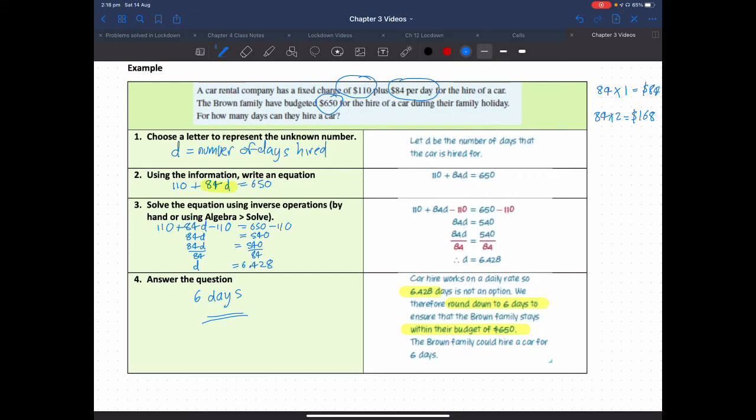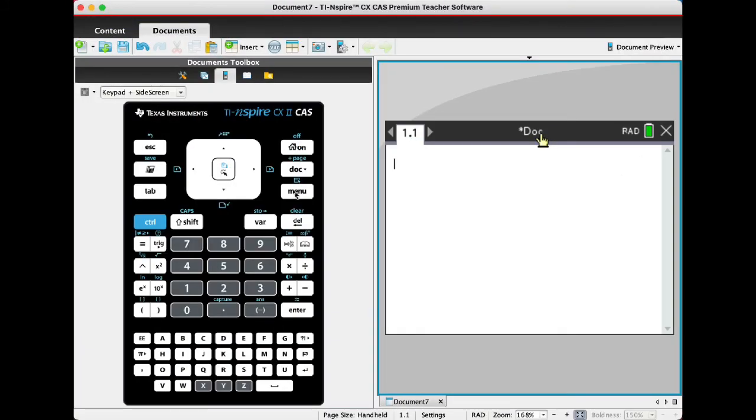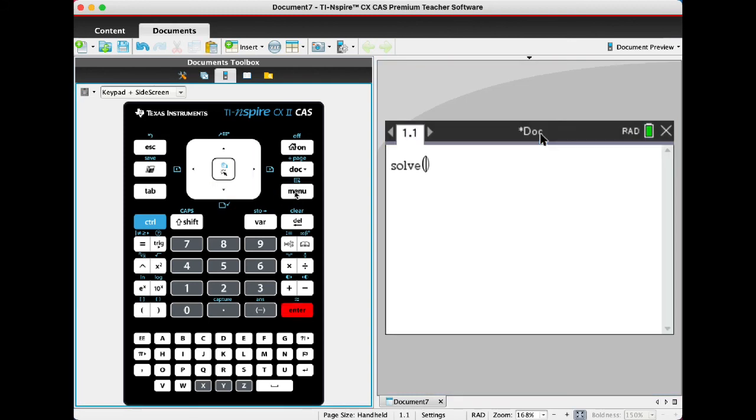Now I'll show you how you can solve that equation using your calculator. For this example, menu, algebra, solve, type in the equation 110 plus 84D equals 650, telling the calculator what to solve for, so comma D, we press enter.